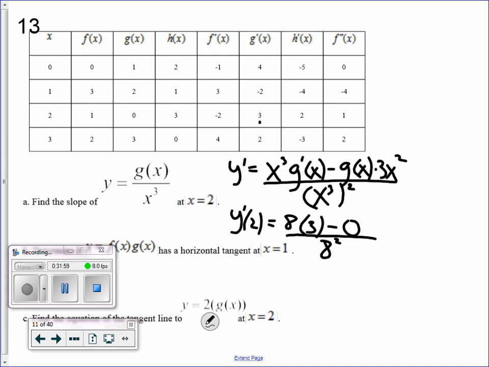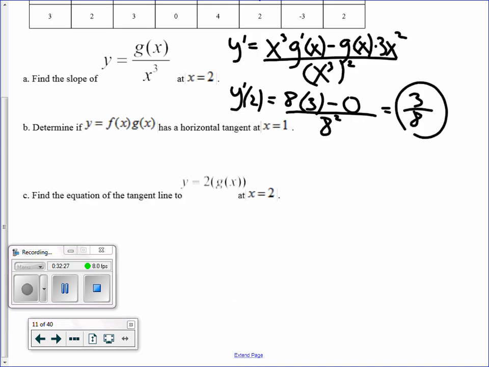We could cancel one of the 8s, and we'd have 3 eighths left. You could write 24 over 64, but that's the same as 3 eighths. So that's the slope, or the derivative, at 2. So we found the rule first. And I should have just written this out again with 2s everywhere there was an x, and then shown you the values. I was trying to save space. I hope you followed that.